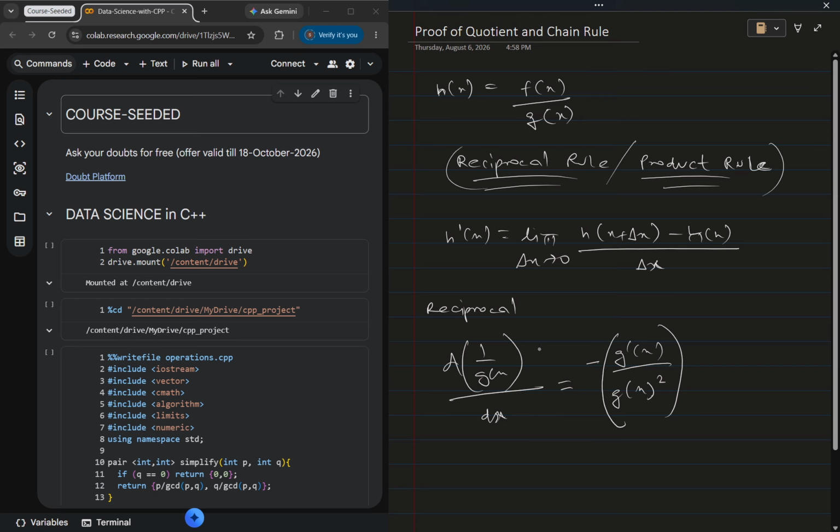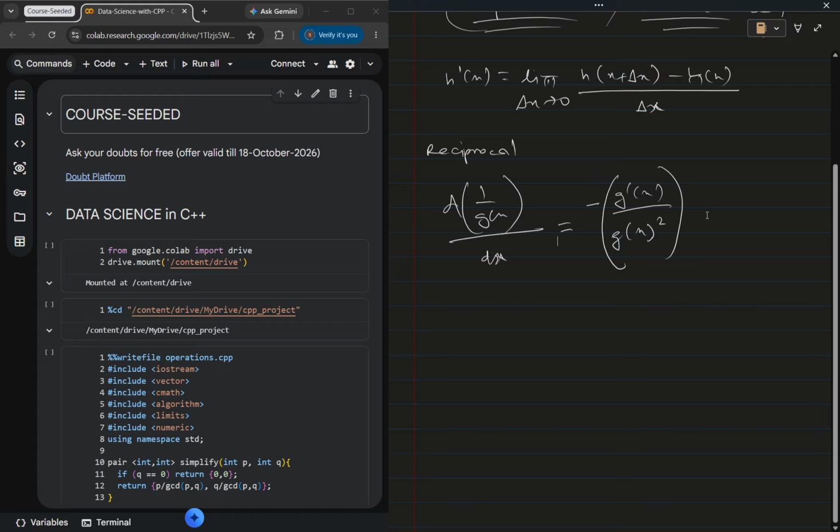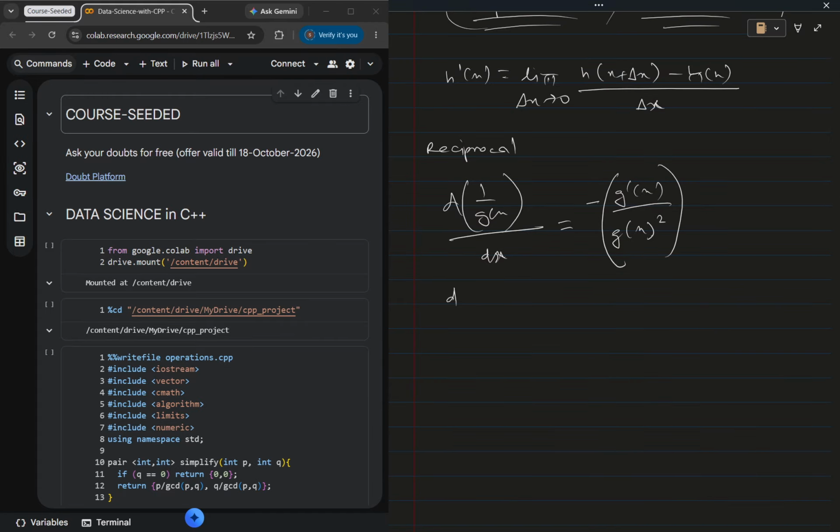So you have this as your reciprocal rule, and for the product rule you have d of f(x) times g(x) divided by dx equals, basically this was the limit. You already know what your functions' derivatives are. Obviously if the limit exists, then the derivative exists for f(x), g(x) and whatever your complete function is.